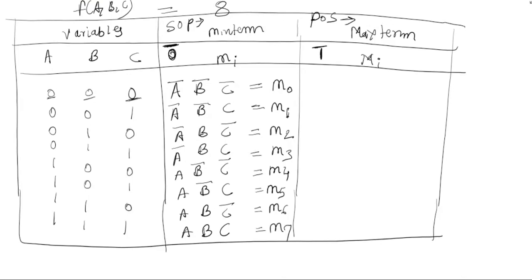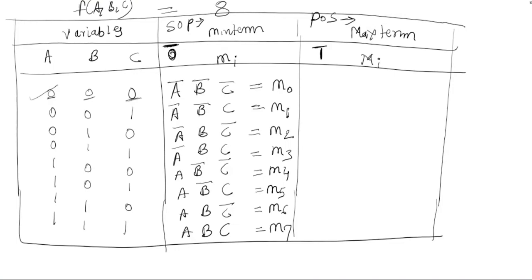So in SOP, the minterms are represented as m0 to m7 to represent the input combinations 000 to 111, and the minterms available in the standard SOP are A bar, B bar, C bar to A, B, C in the Boolean expression.